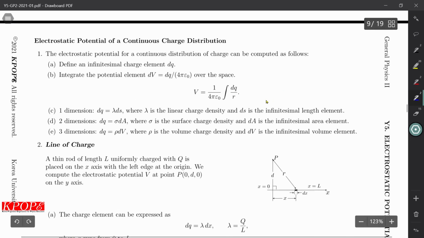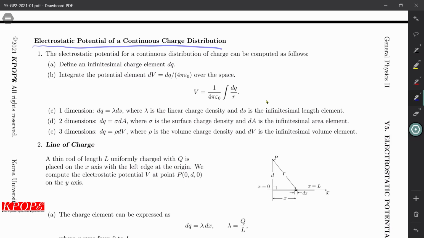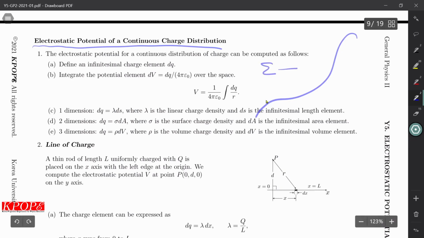The electrostatic potential of a charge distribution can be computed in more general cases. Suppose the charge distribution is along a curve. What we want to do is a sum of everything, 1 over 4 pi epsilon 0 delta q over r. This one becomes an integral.